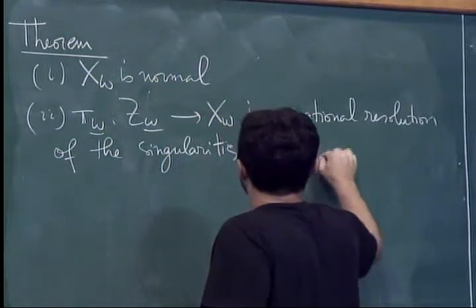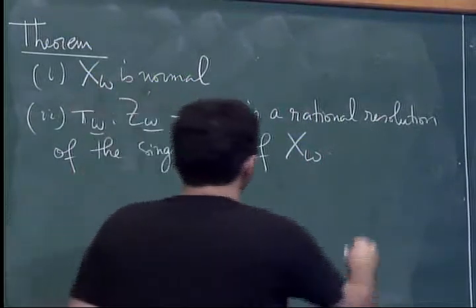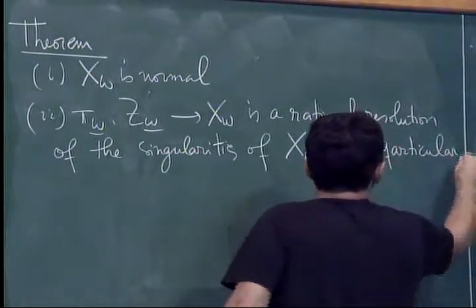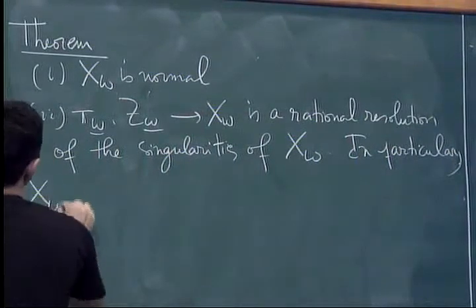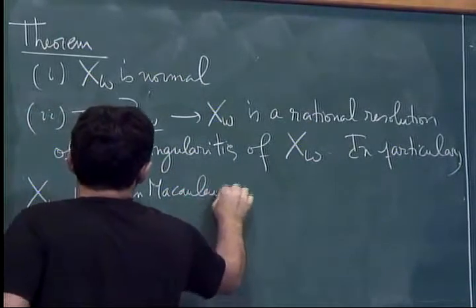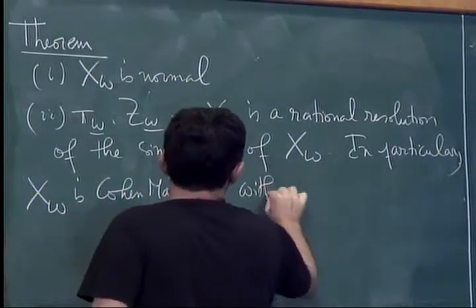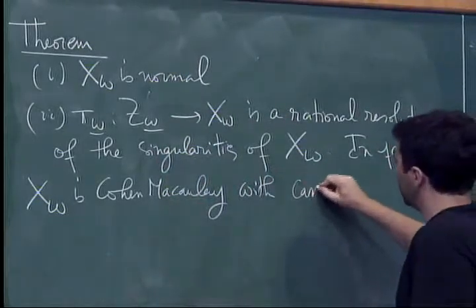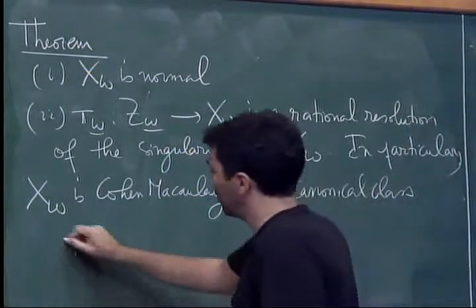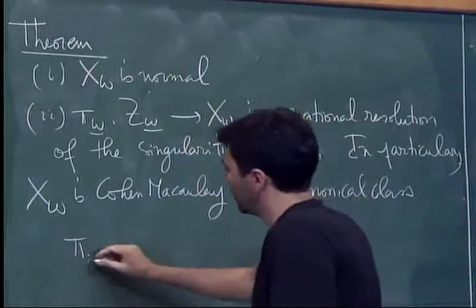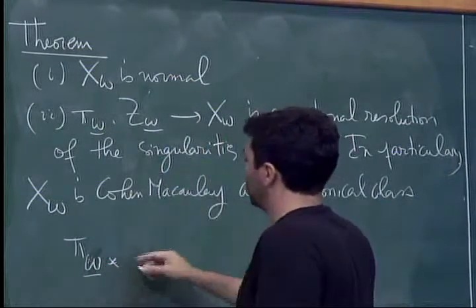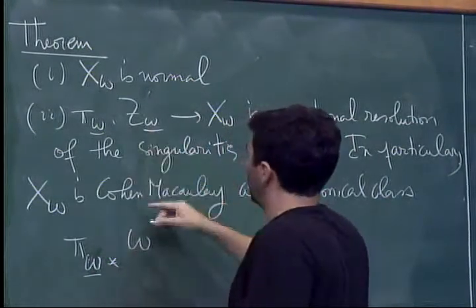Of X omega, and in particular X omega is Cohen-Macaulay with a canonical class isomorphic to, being exactly, the push forward of the canonical class of Z omega.